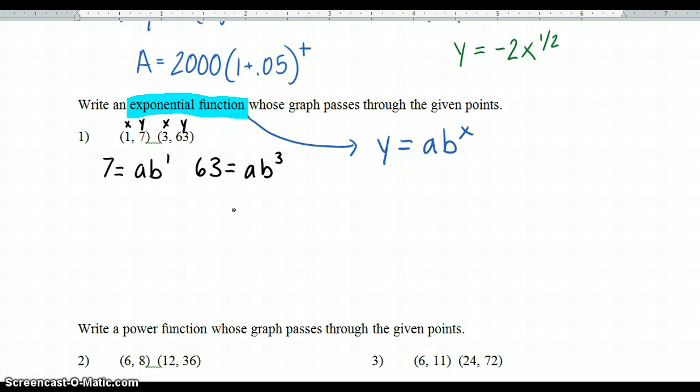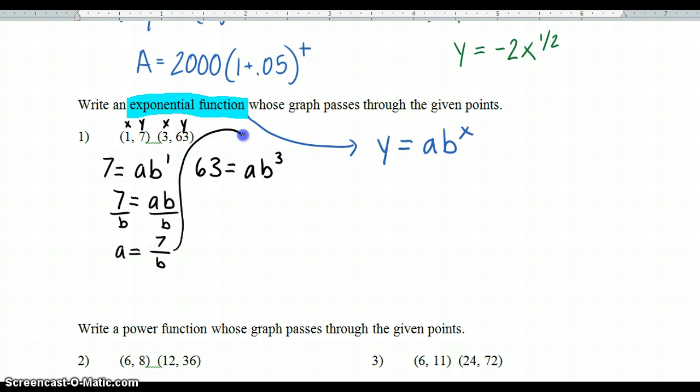We can just solve the system. My first step in solving is over here in this equation, I'm just going to solve for a. So 7 equals a times b to the first, that's the same thing as 7 equals a times b. So I'm going to divide by b to give me a equals 7 over b.